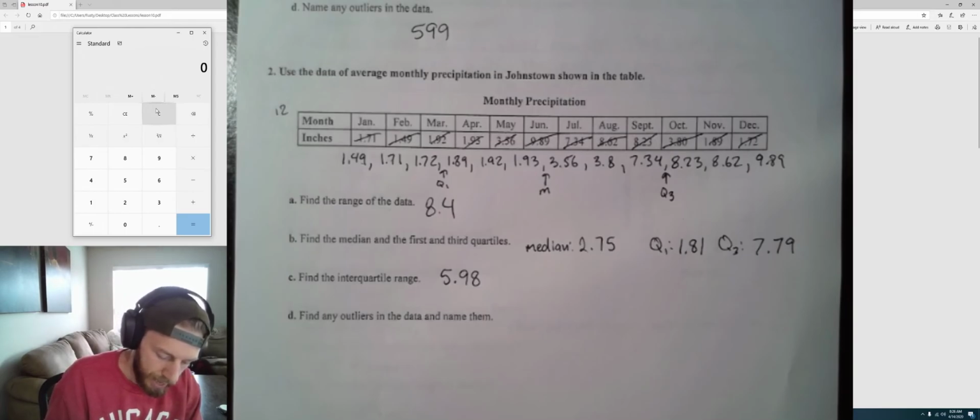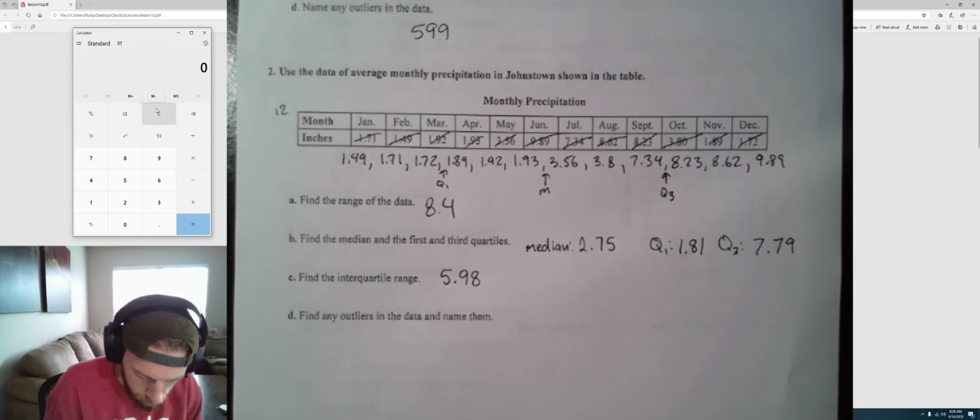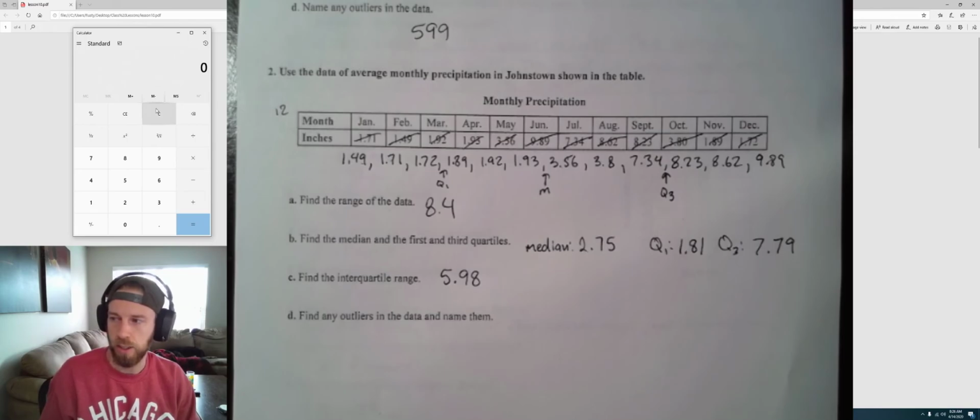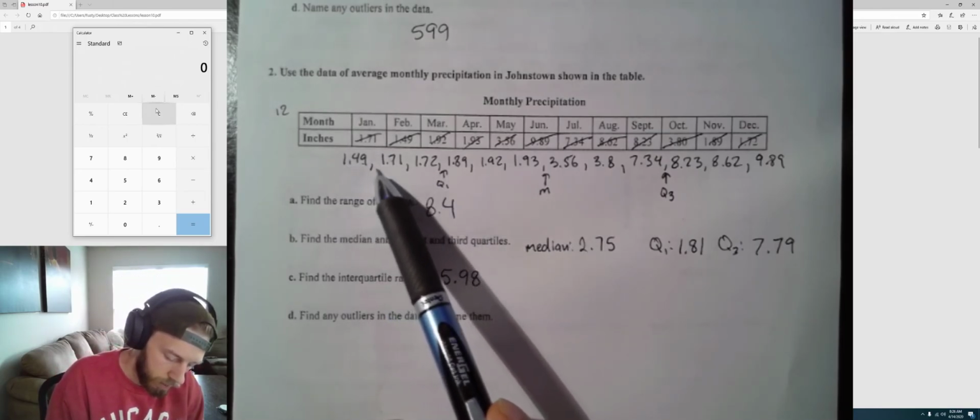And technically, 9.89 would be an outlier.